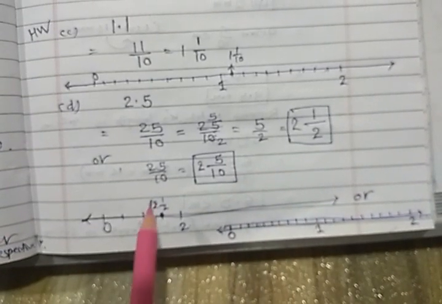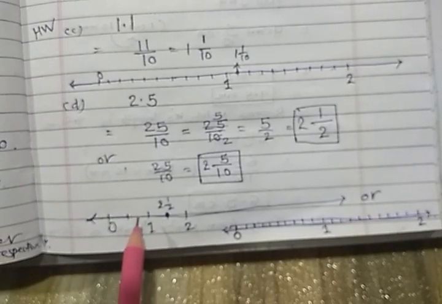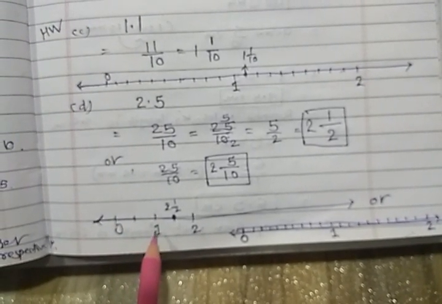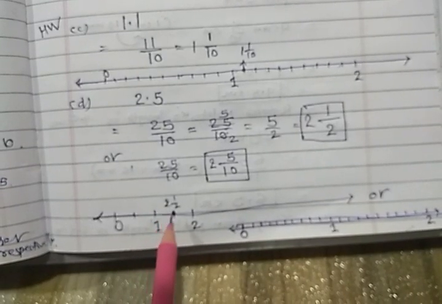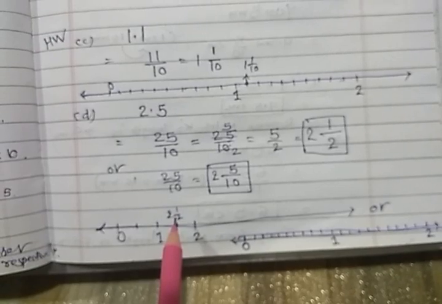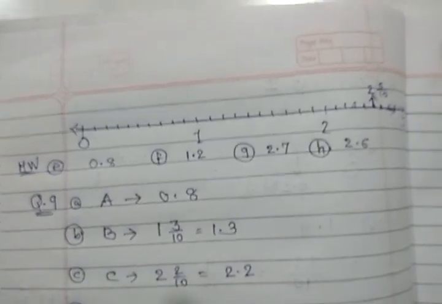See the denominator, 2 equal parts, right? So here 2 integer, this is 1 upon 2 and this is 2 upon 2 means 1, and now 2 integer 1 upon 2 means this is here.